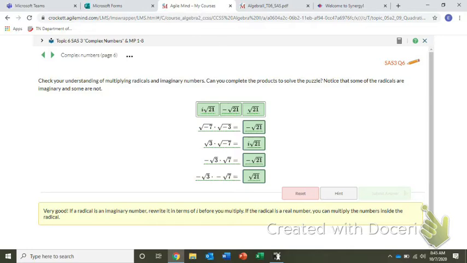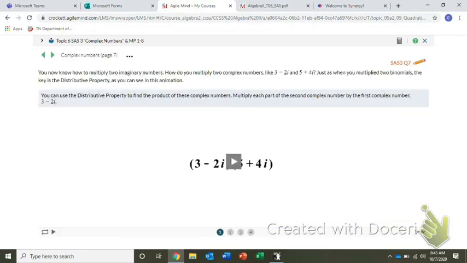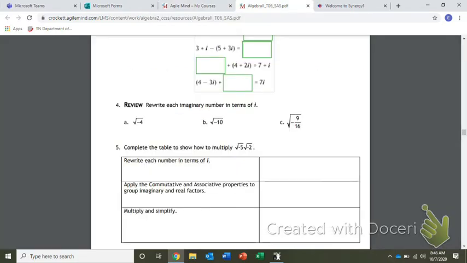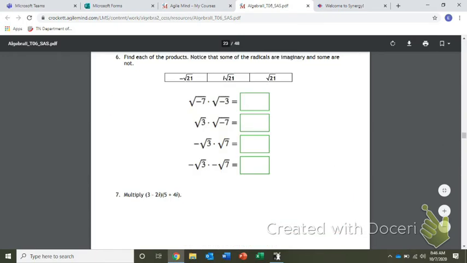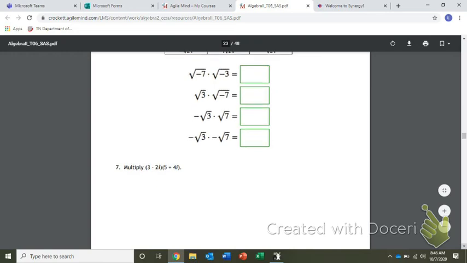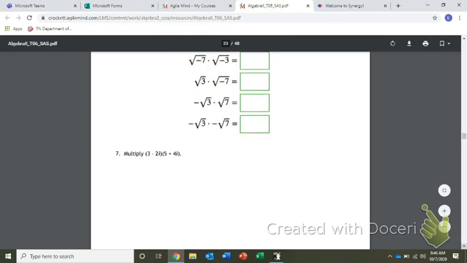All right. Next is number 7. So on number 7, we are going to use the box just like you would if it said 3 minus 2x, but this time it's just using an i.